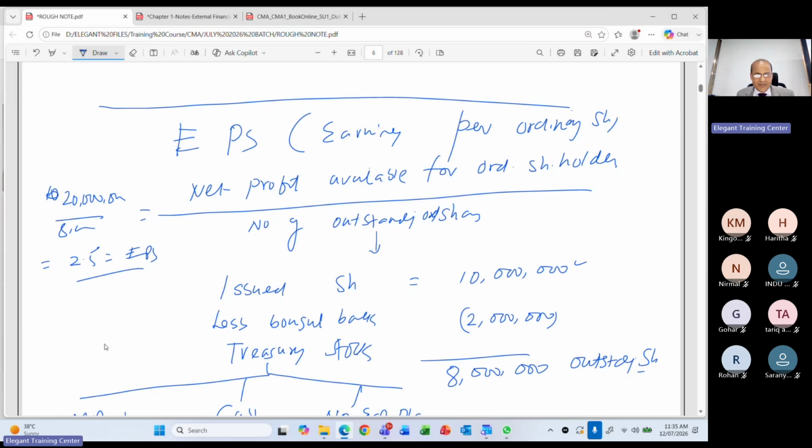EPS is disclosed in the income statement. Even if you have a small private company, you will see at the bottom of the financial income statement written EPS. So EPS is an income statement disclosure, not in the balance sheet. In the income statement, the bottom-most item is called EPS. Clear? Next.